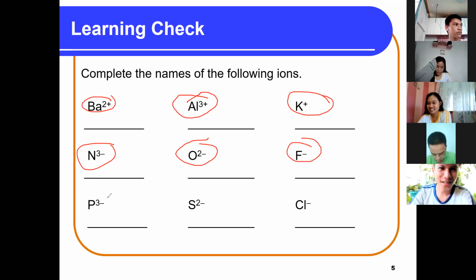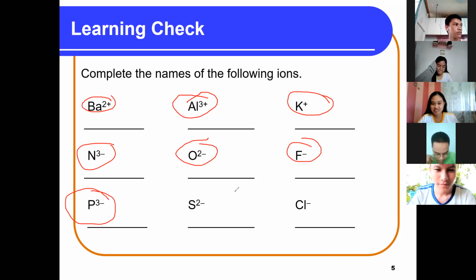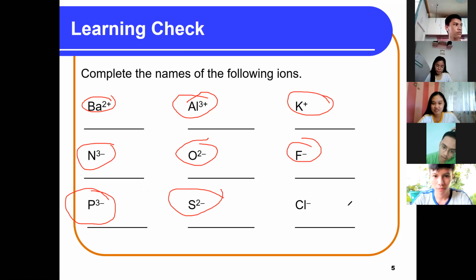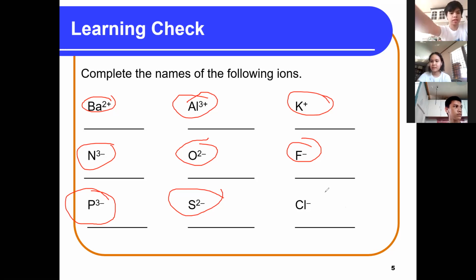Fluoride. What is P3 minus? Phosphide. S2 minus? Sulfide.